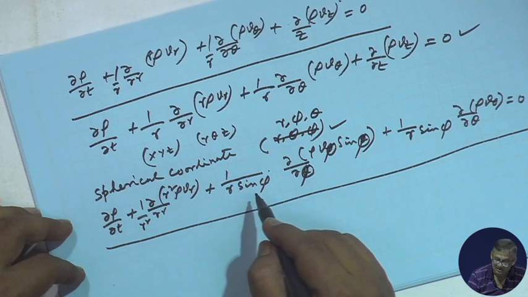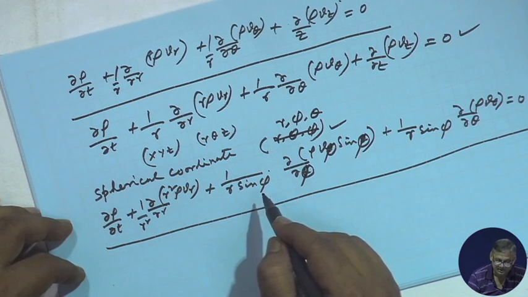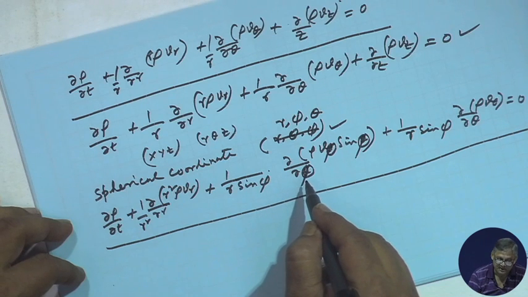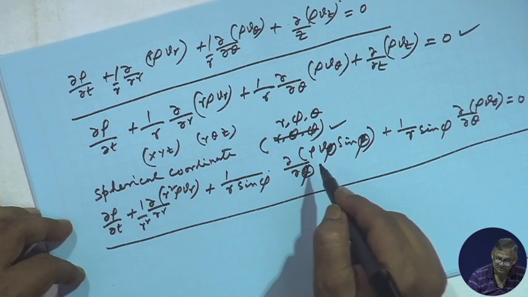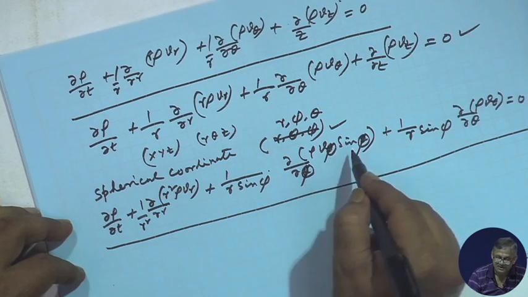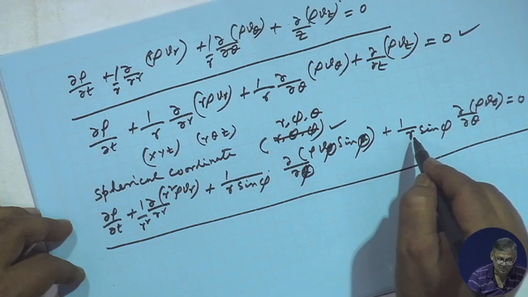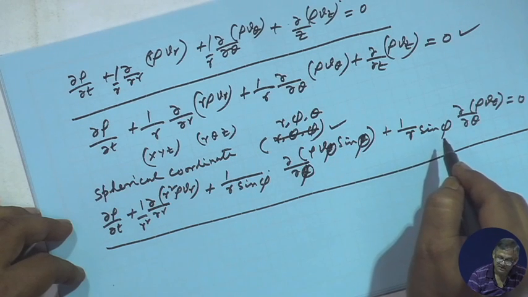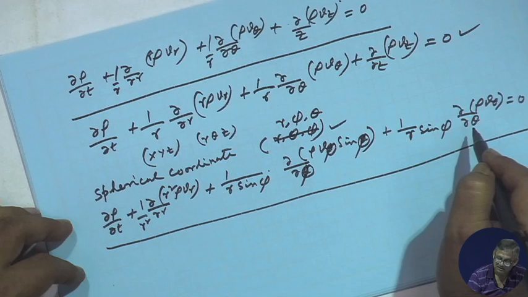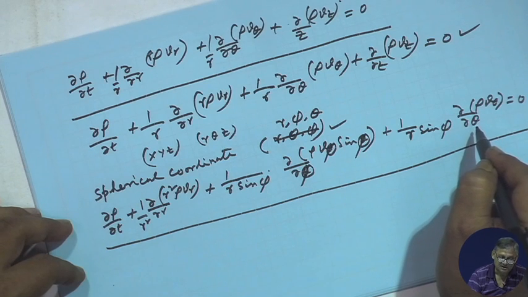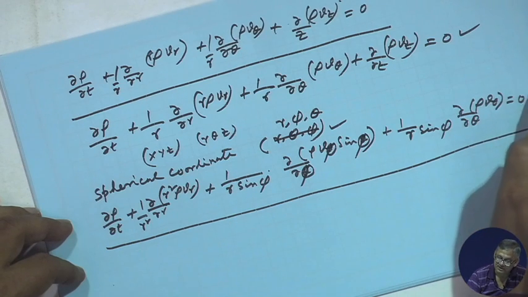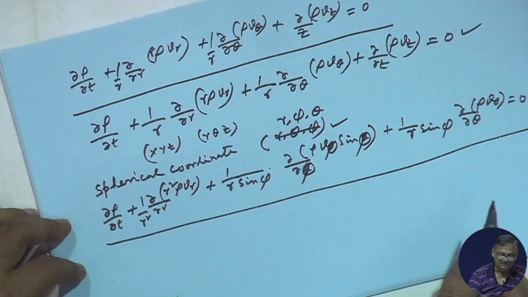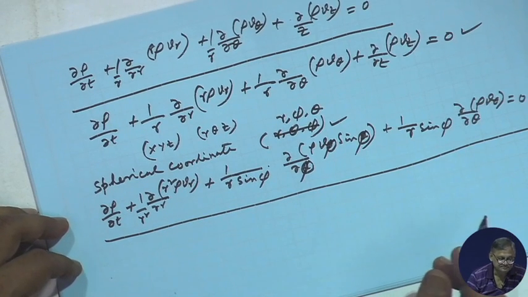So, 1 by r sin phi del phi of rho v phi sin phi plus 1 by r sin phi del theta of rho v theta is the spherical coordinate, right.